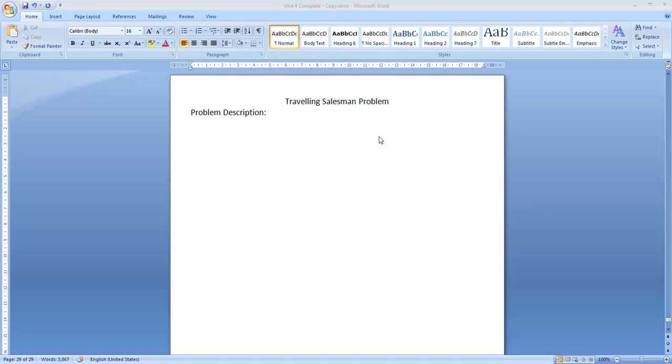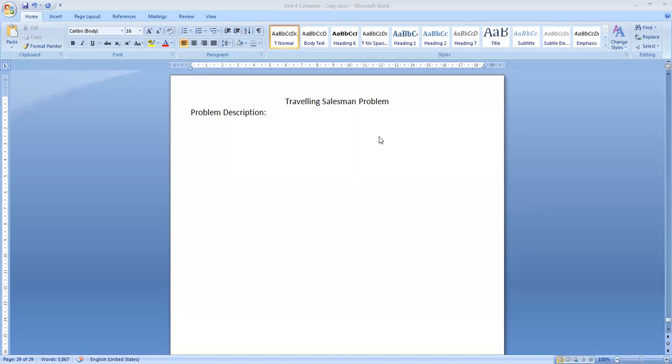A graph might have n vertices, and the set of all these vertices is put into a set called V, and the collection of all the edges is put into a set called E. So generally, to represent a graph, we say G of V comma E, where V is the set of vertices, E is the set of edges. Now, coming to the traveling salesman problem.